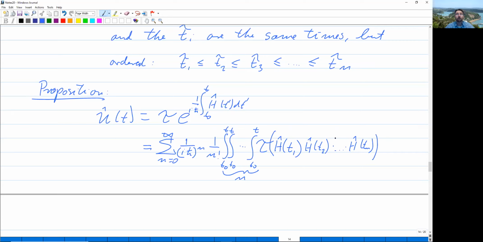It will reorder them such that the Hamiltonian with the latest time is to the rightmost. And then we have dt1, dt2, dot, dot, dtn. Right, so this is what it is by definition.